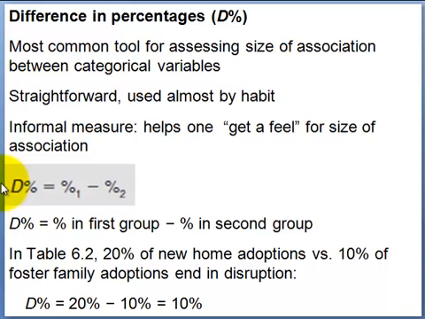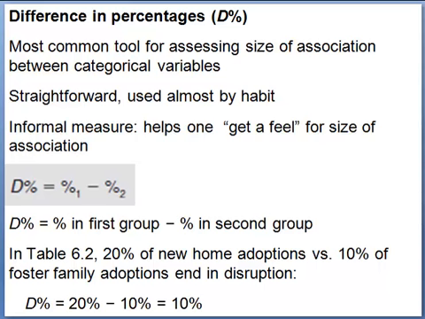So we examined in the prior video a table in which 20% of new home adoptions versus 10% of foster family adoptions ended in disruption. Here's our calculation of the difference in percentages for that example. We simply subtract the percentage in the second group from that in the first.